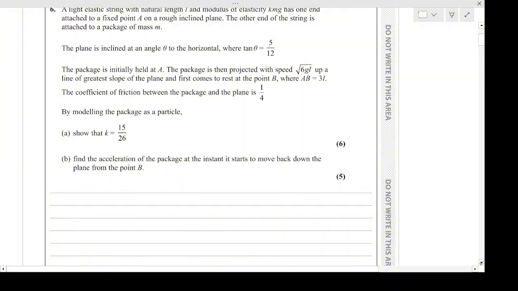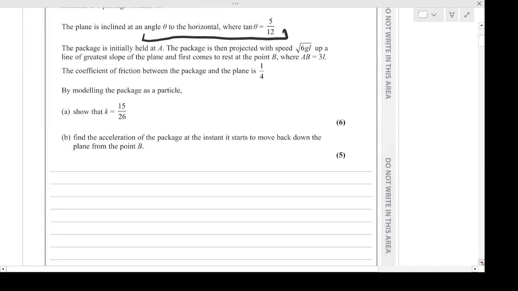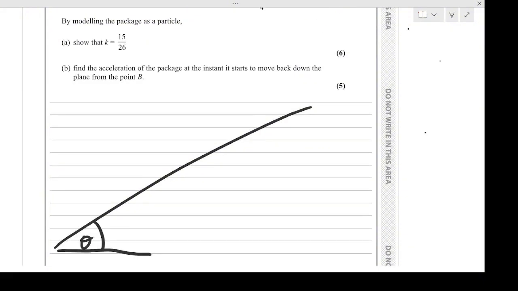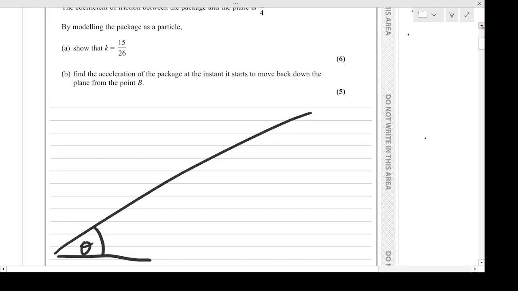So ultimately what we've got is, again, this sloped plane, this sort of ramp, because we're at an angle theta. So it's going to look like that. The string's going to be on the ramp, so this is a sort of string problem we're dealing with here.